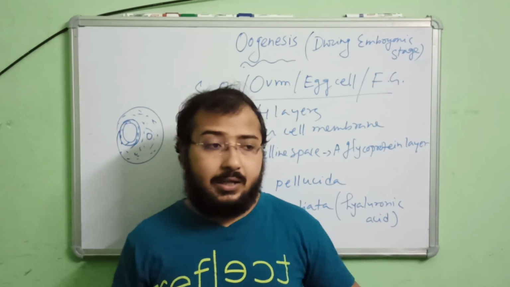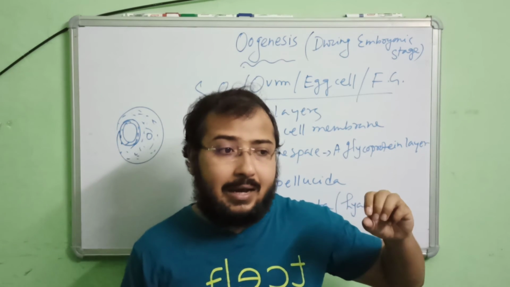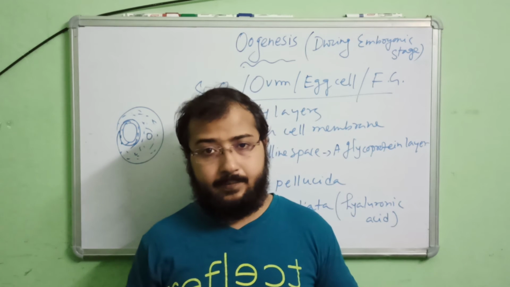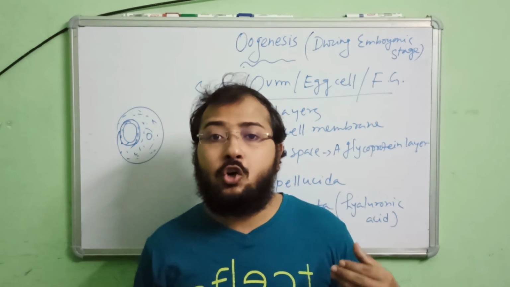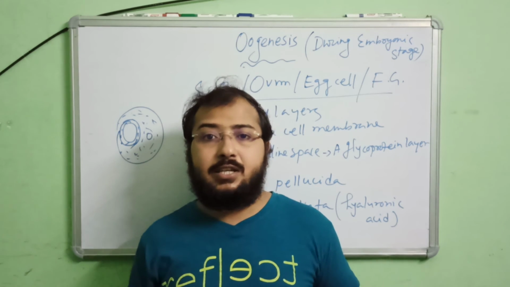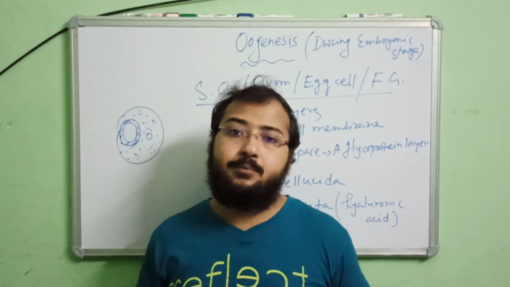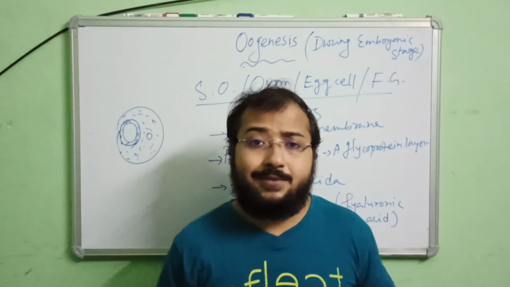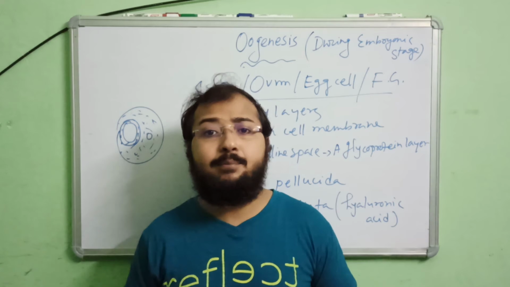Now remember, in an unfertilized egg, the meiosis 2 never finishes. If the egg is not fertilized after ovulation, the unfertilized egg is released out of the body by the process of menstruation. Then the question comes, how can the meiosis 2 be completed?